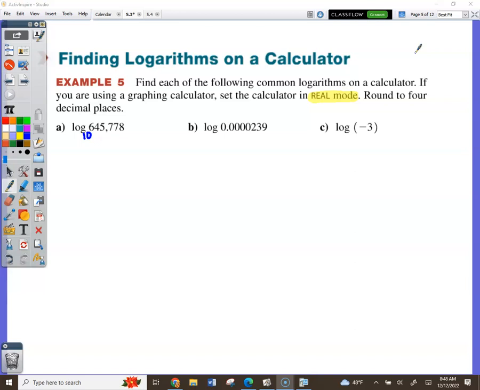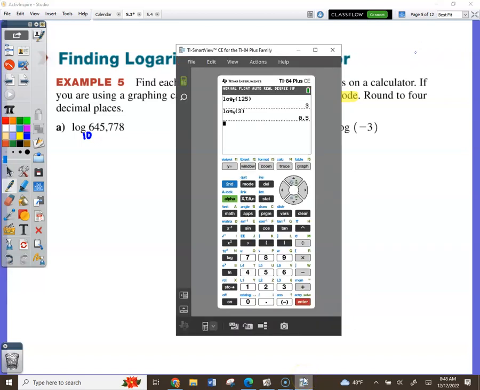All right, so we're going to type A in. Log button, 645778. Hit enter. Am I in real mode? Yeah, I am. Now it says go to 4 decimal places, which means check the fifth. Some of y'all were struggling with rounding.